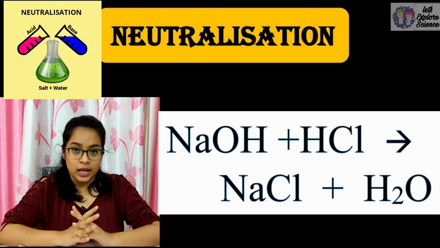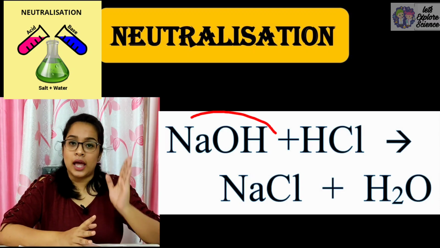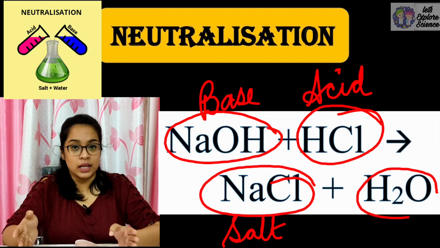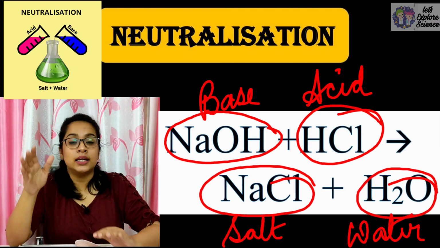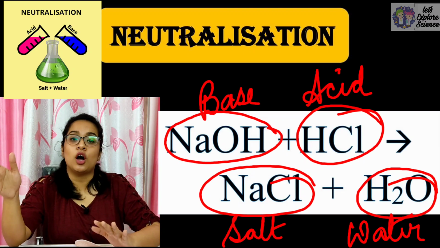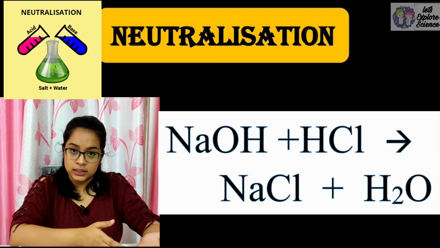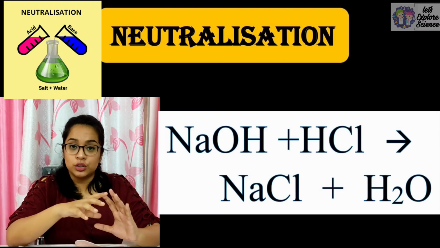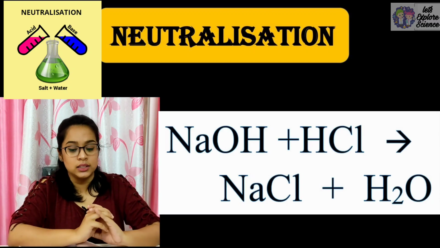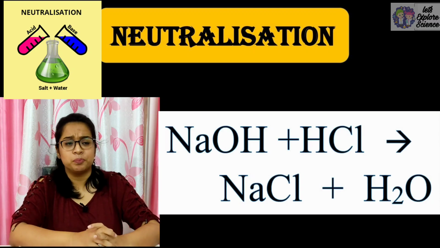Now see the reaction. In this reaction, the base reacts with acid and forms a new compound, that is salt, and that has the characteristic of neither an acid nor a base. It has different characteristics. So such type of reaction is known as neutralization reaction.